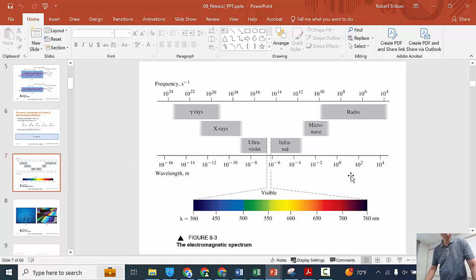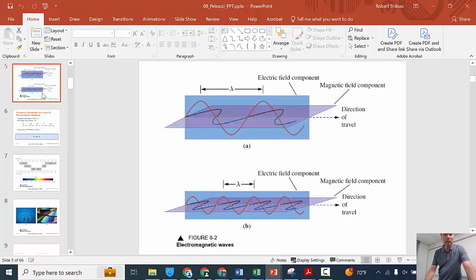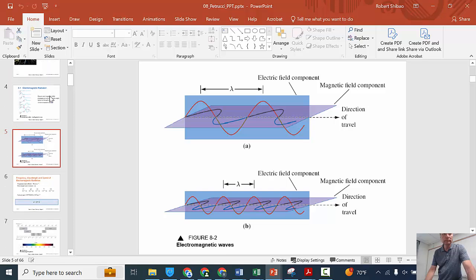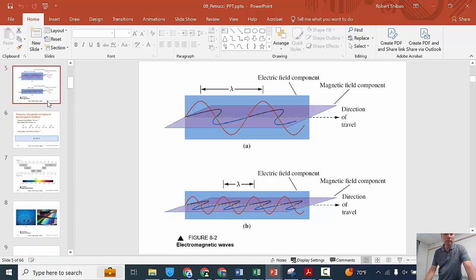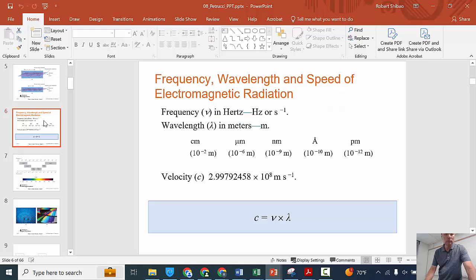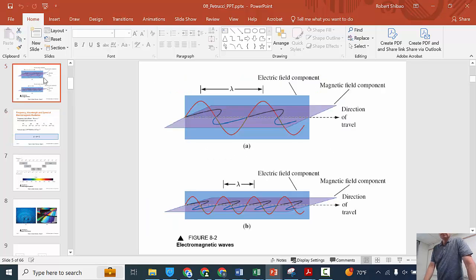And frequency is going to be expressed in units of hertz, Hz.